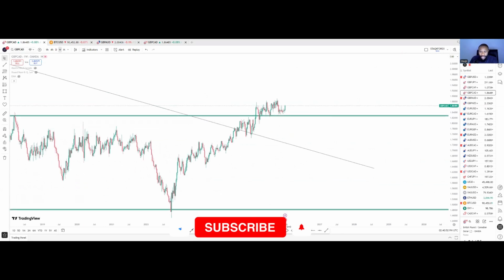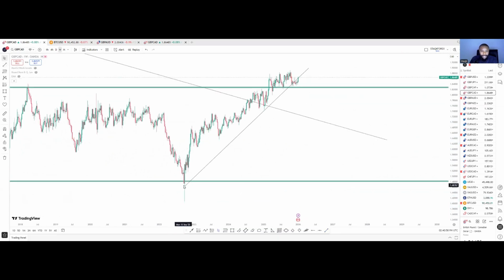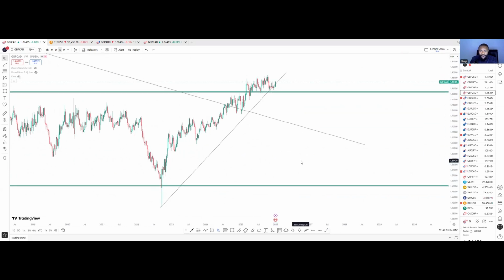Currently, we have a trend that is heading to the upside. If you draw your trend line like this, you will discover that we have a breakout from the trend line.